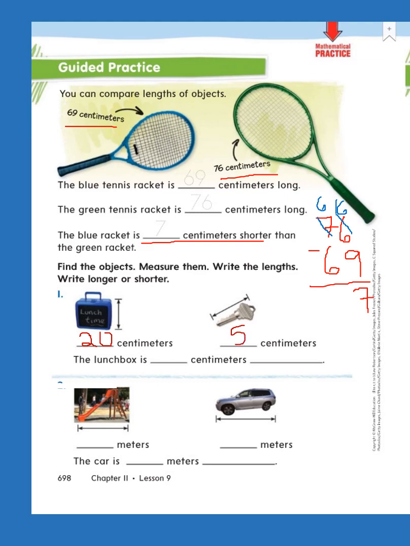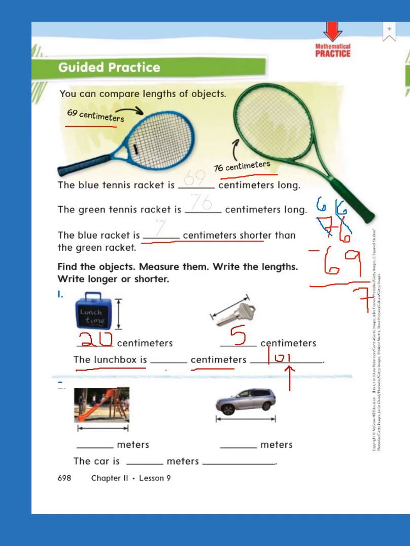Now this is important. The lunchbox is blank centimeters, and this is where we're going to write longer or shorter. Now it might be easier to start with the blank. The lunchbox, is it longer or shorter than the key? Well, that's a bigger number, so we're going to write longer.